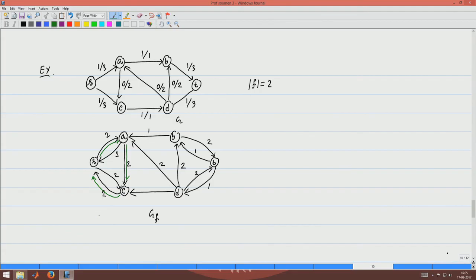This is true even if you start from S to C first and then again go back to S. So, there is no path, so no augmenting path.